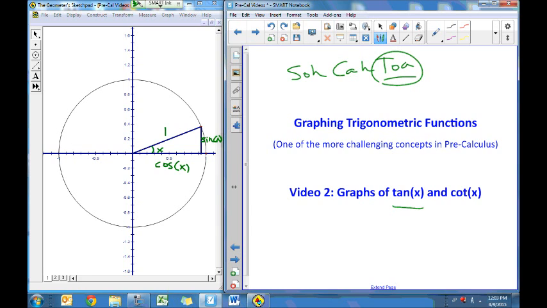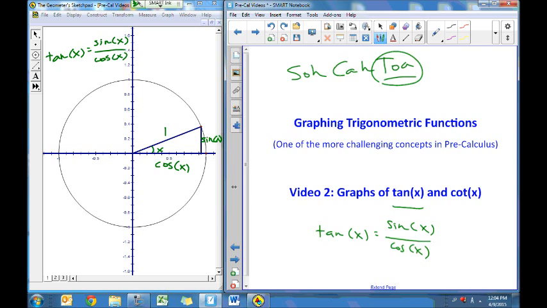That means that I can think about the tangent of x as being equal to the sine of x divided by the cosine of x. And that is exactly how I'm going to draw a graph for the tangent of x, by finding the sine of x over the cosine of x. Let me write that over here so I can keep it. The tangent of x is equal to the sine of x over the cosine of x.